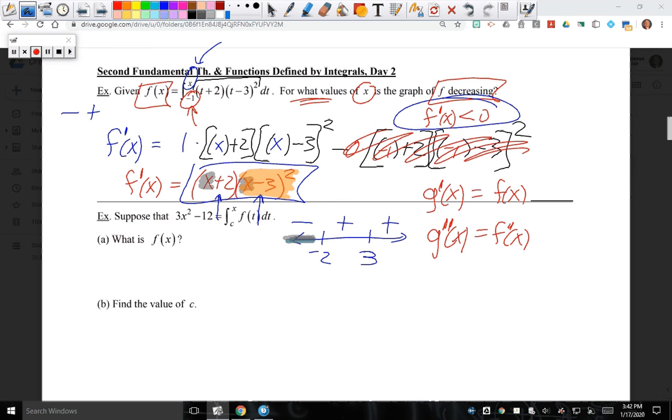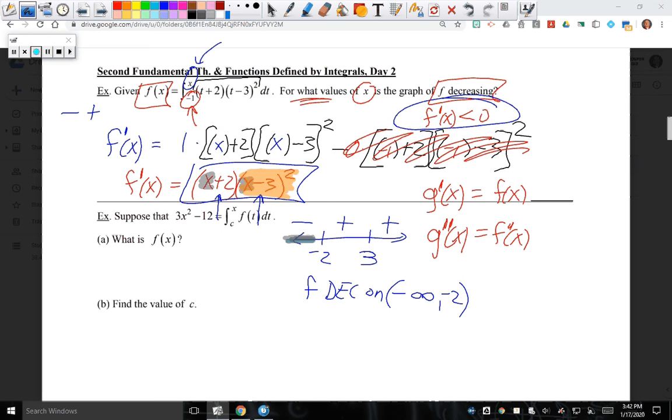She says from negative infinity all the way to negative 2 is where this is going to be decreasing. Do we have any other answers out there? Open parentheses on both? Okay, so we could say f decreases on this.